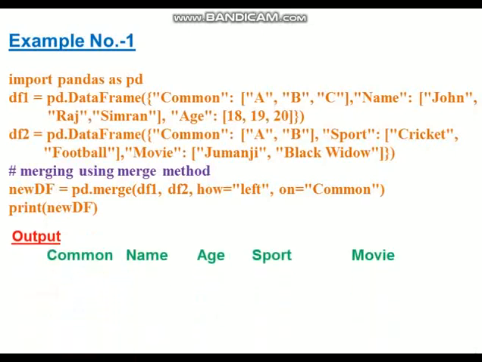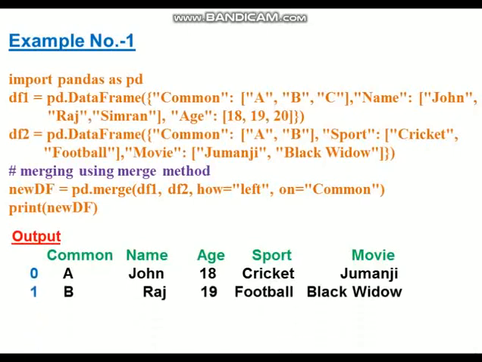Common, name, age, sports, movie as the column names, 0, 1, 2 as the default index. A, John, 18, cricket, Jumanji as the first row, B, Raj, 19, football, Black Widow as the second row, C, Simran, 20, NaN and NaN as the third row.